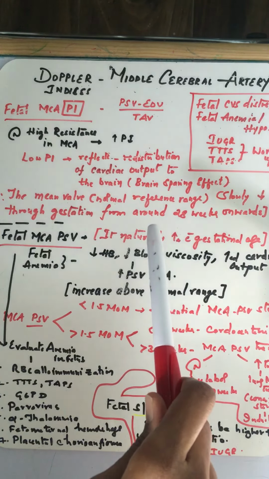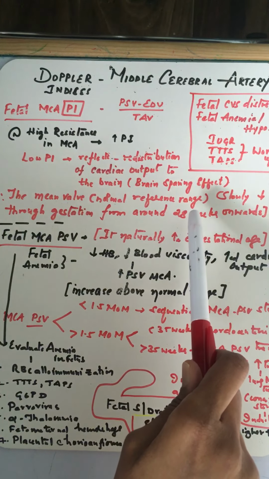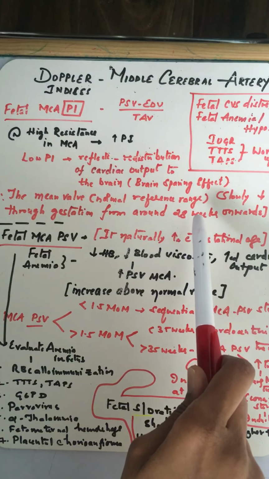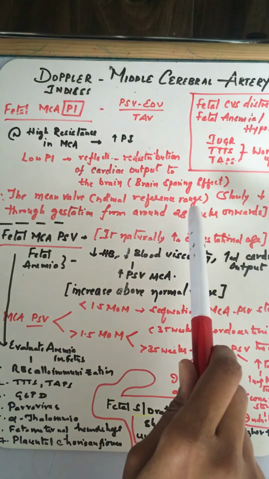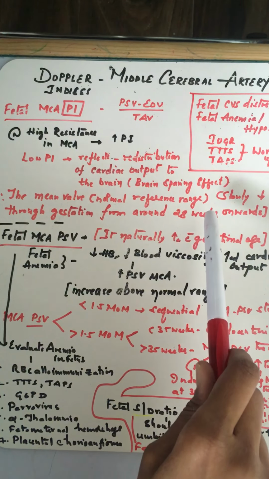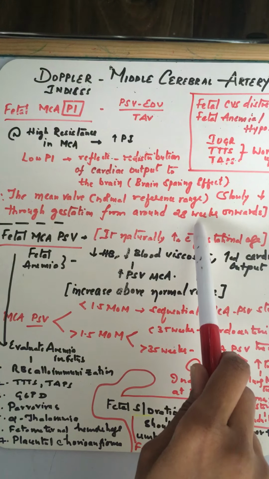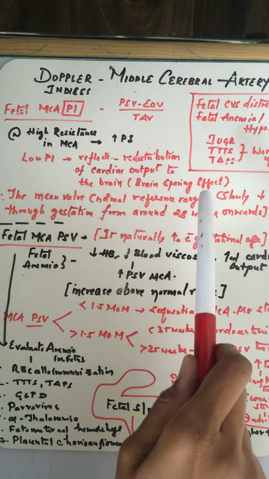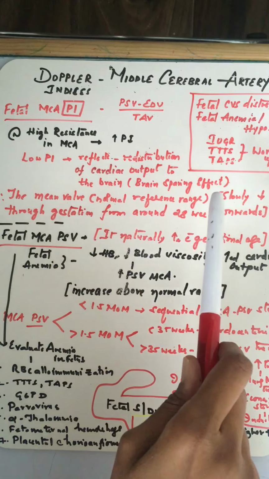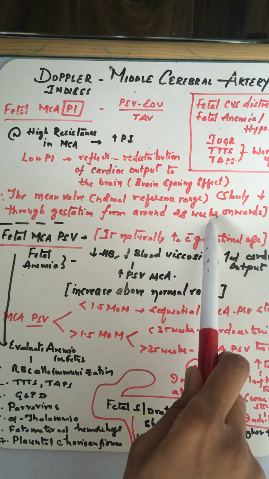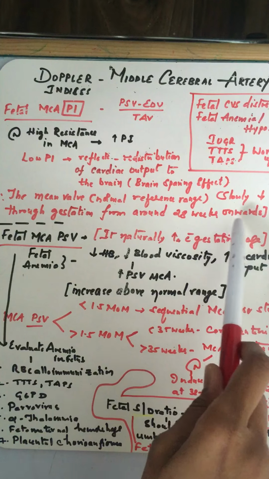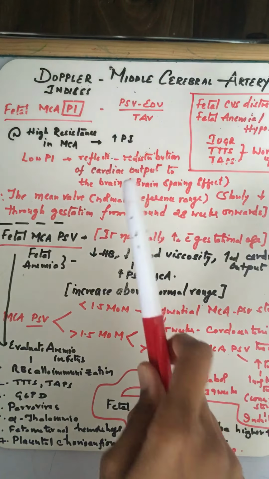Normally the PI in the MCA at around 39 to 40 weeks of gestation, the 50th percentile will be 1.3. So it should not be less than 1. And around 30 to 32 weeks, it will be 1.3 at the 50th percentile. One thing we have to remember is that the mean value slowly decreases with gestation from around 28 weeks onwards, so it should not be less than 1 around 38 to 40 weeks.